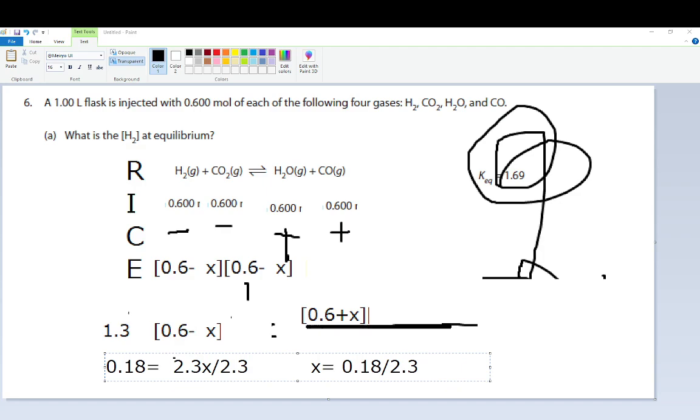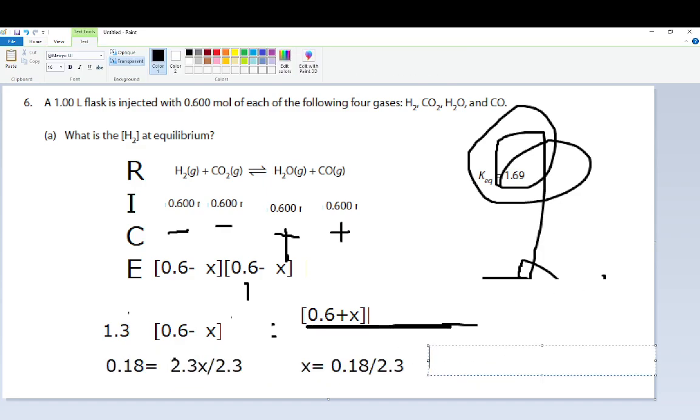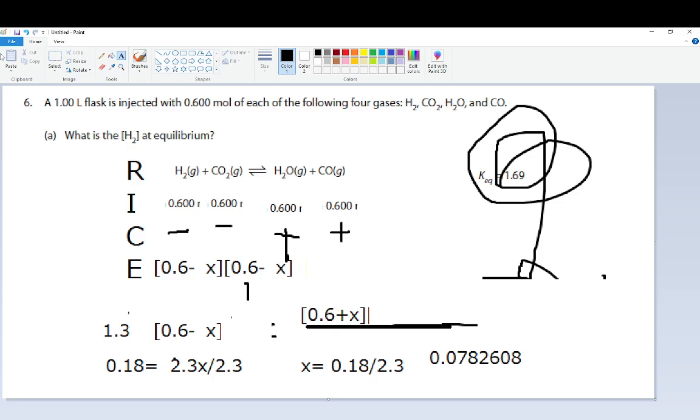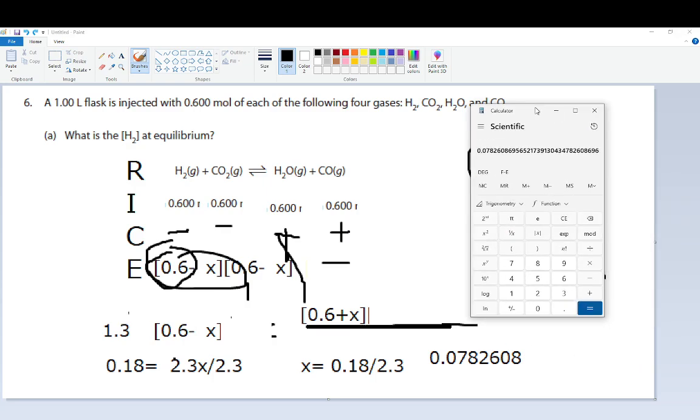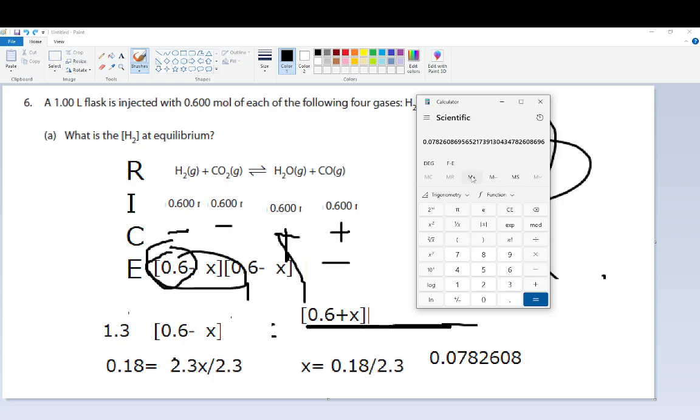Which comes out to 0.782, and so on. That means for each of them, remember it's going to be 0.6 minus x on this side, 0.6 minus x on this side. X is not the concentration. And over it's 0.6 plus that, 0.6 plus that. So on the left side, I'm just going to put it in memory here. So on the left side, it's 0.6 minus my memory.